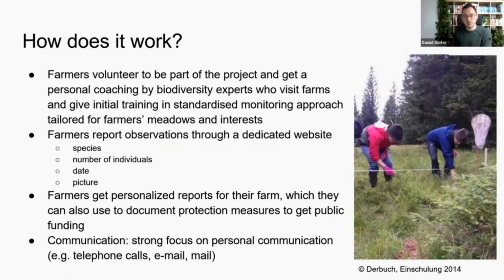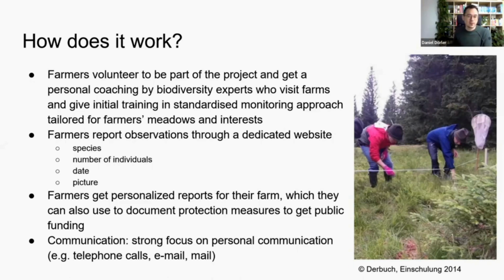So the farmers themselves can say, I am interested in this and that species, and then the biodiversity expert looks at the meadows, looks at the wishes from the farmers, and then really tailors the monitoring approach according to these wishes and the circumstances. Then the farmers report their observations through a dedicated website. Again, they give the species they observe, the number of individuals, also the date, and they upload a picture.